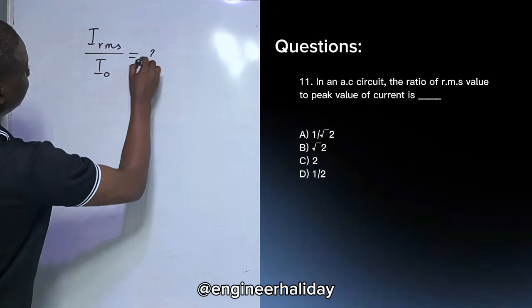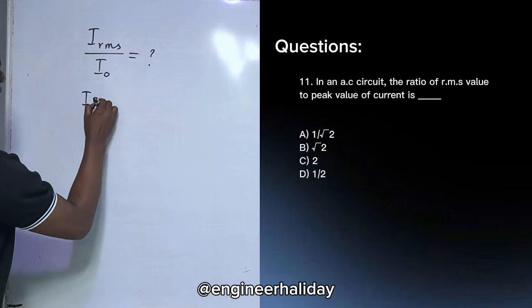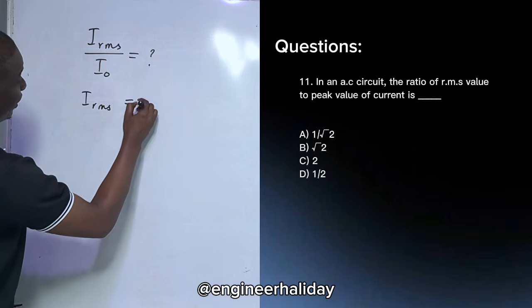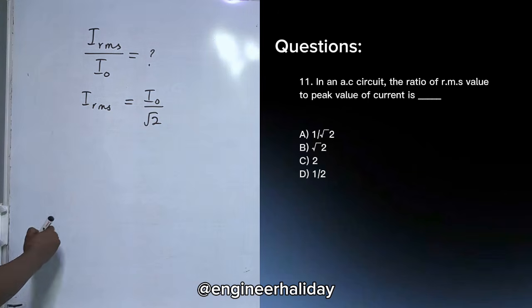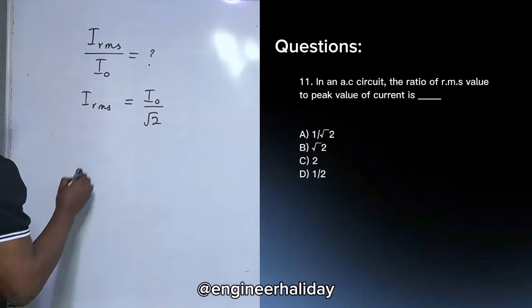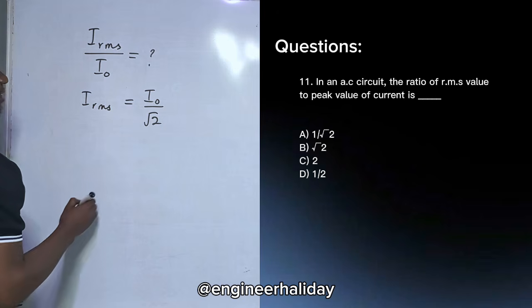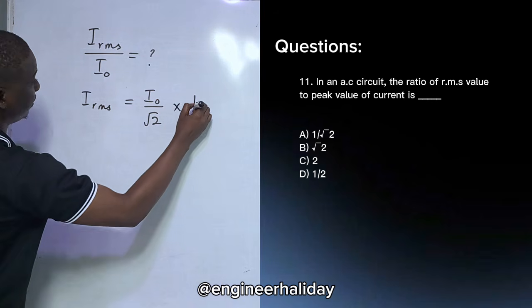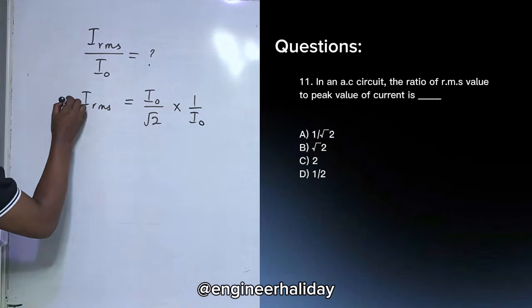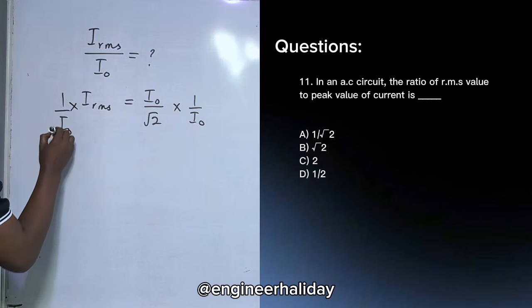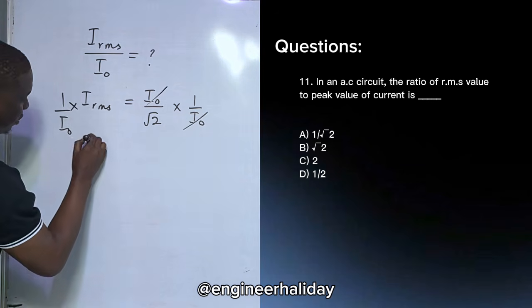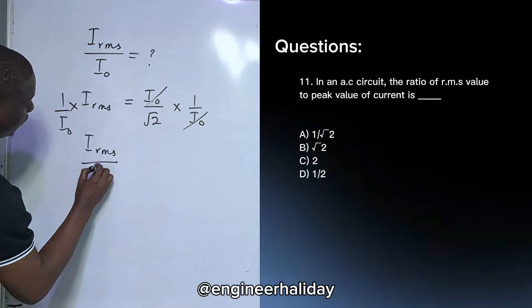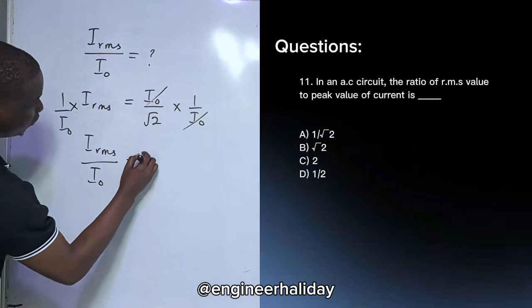Now, we know that RMS current is equal to peak current over root 2. So if I multiply both sides by 1 over peak current, so that I have the ratio of RMS value to peak current, this will cancel this.